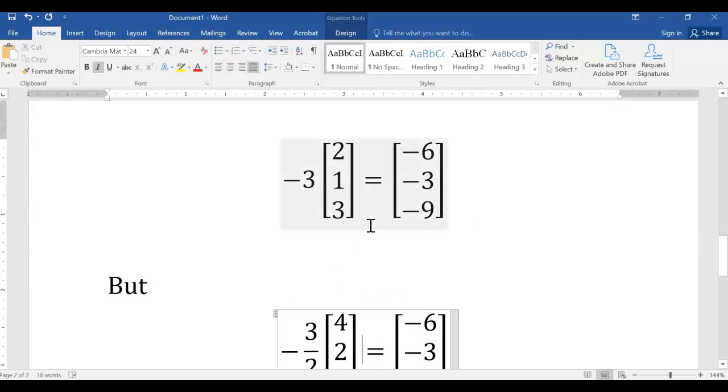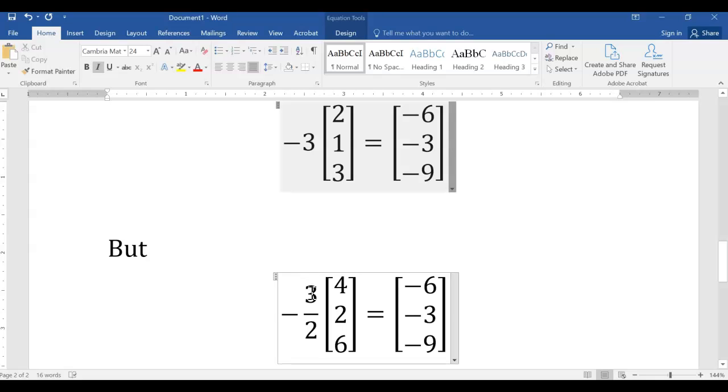For any scalar we want, say -3, multiplying -3 by (2, 1, 3) gives the same thing as multiplying -3/2 times (4, 2, 6).